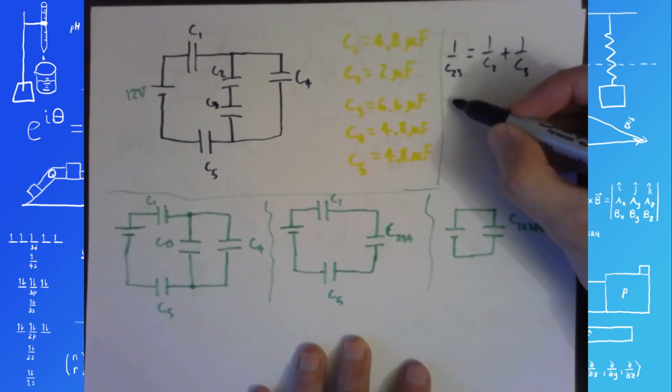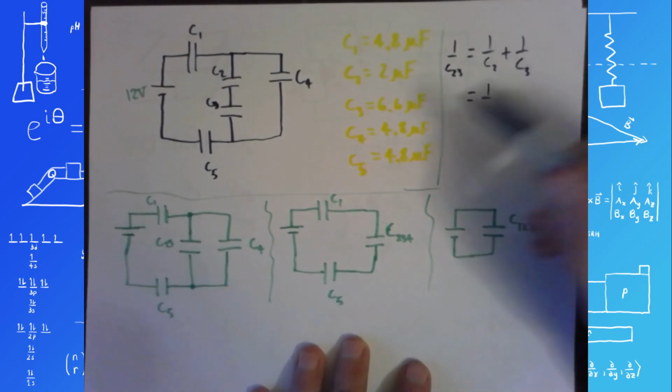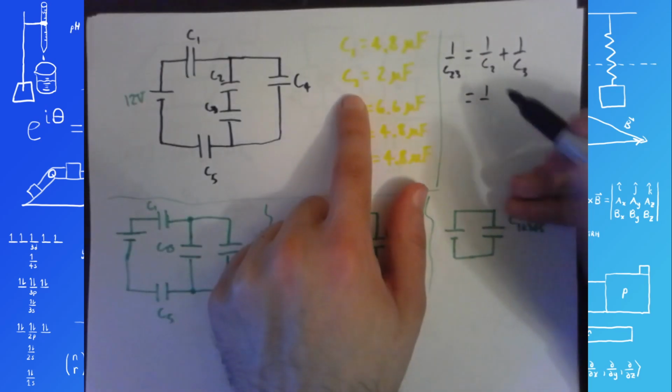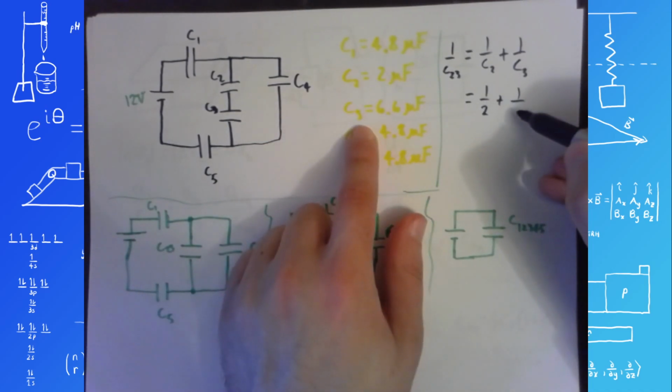So 1 over C23 equals 1 over C2 plus 1 over C3 equals 1 over 2 plus 1 over 6.6.